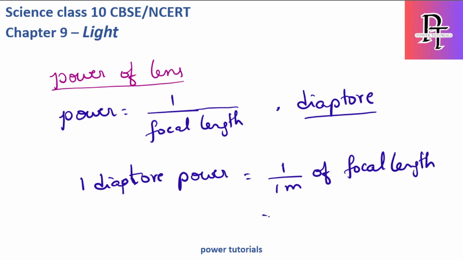So simply it is meter inverse, but the SI unit is diopter, which is indicated as D. This is with respect to power of lens, magnification formula and lens formula.